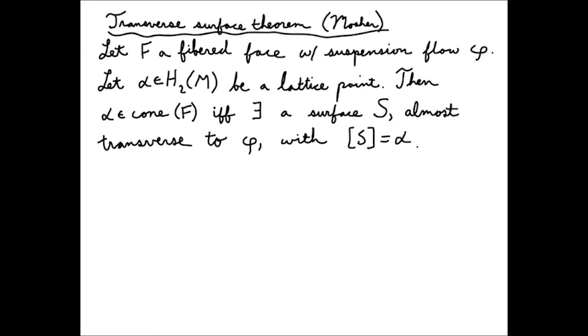So this allows us to state a theorem of Lie-Mosher, the transverse surface theorem. If we have a fibered face F with this suspension flow phi, and we have some integral homology class alpha, then alpha lies in the cone over F if and only if it's represented by a surface S which is almost transverse to phi.